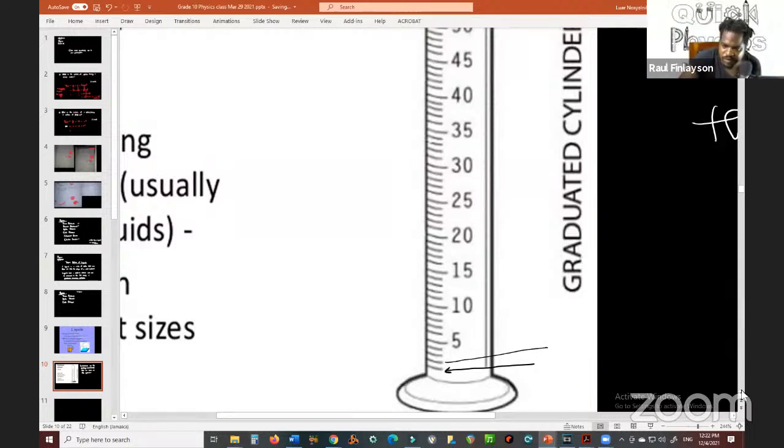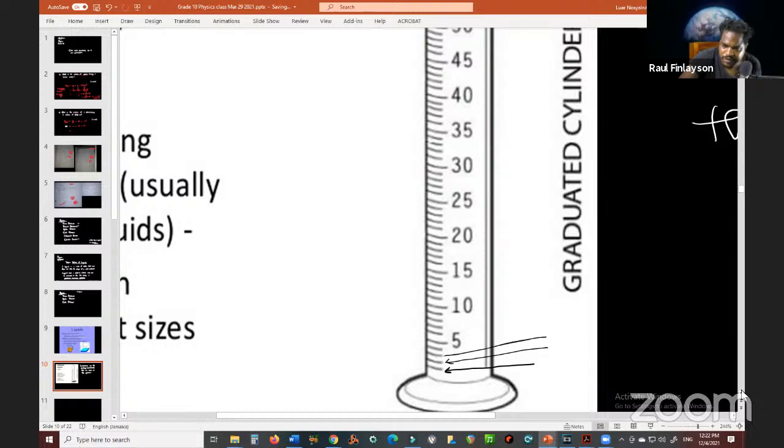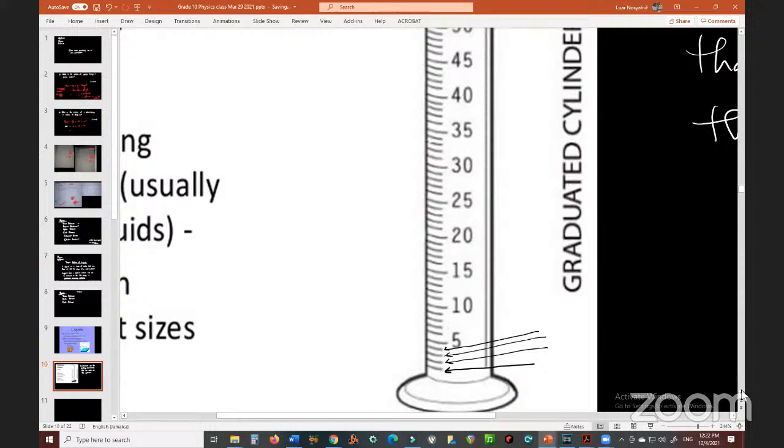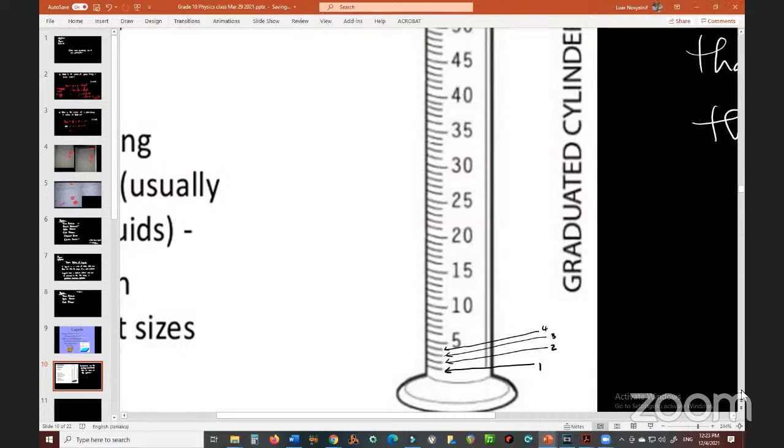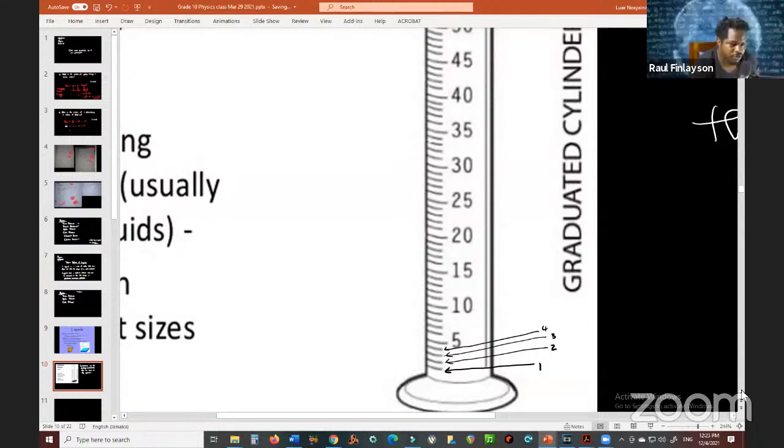Oh, so it's still numbering from 1. All right, let's see if that's the case. That means this will be 1, this will be 2, this will be 3, and this will be 4, and then we're seeing 5 there. Everybody seeing this? Yes, sir. Very good. So that is how we read a graduated cylinder.